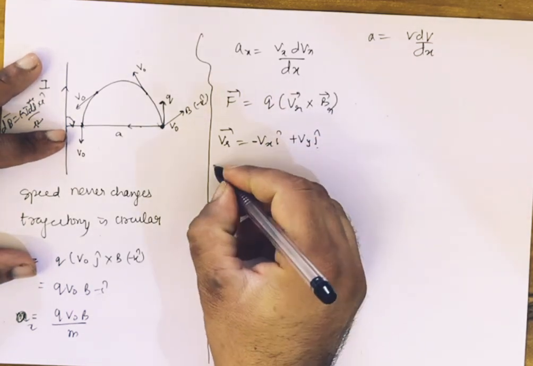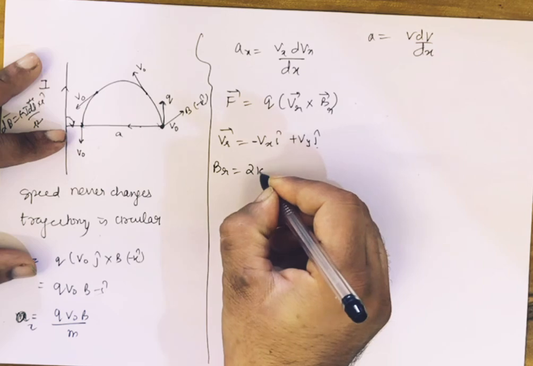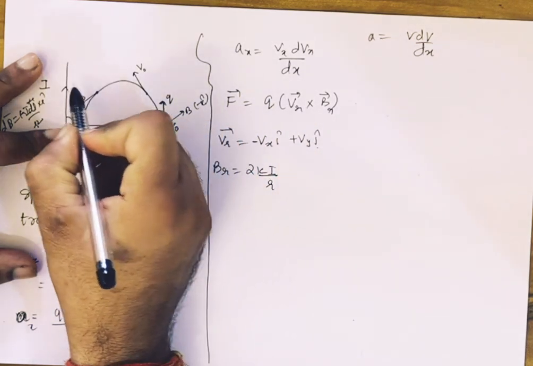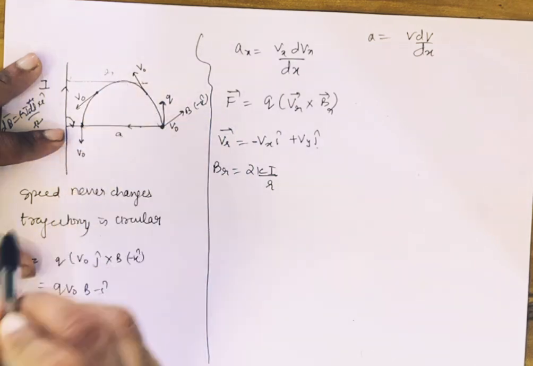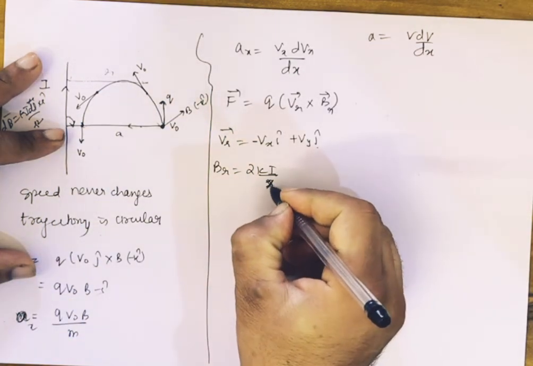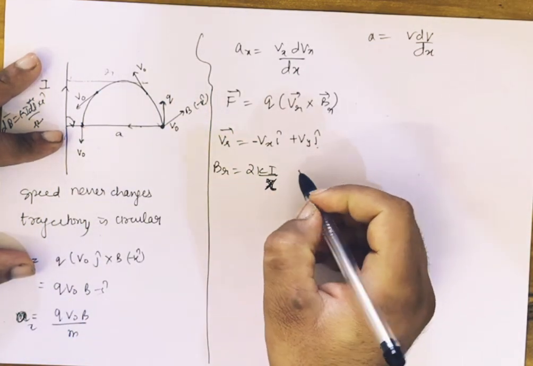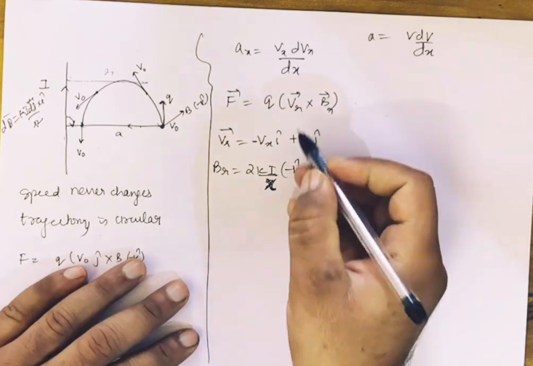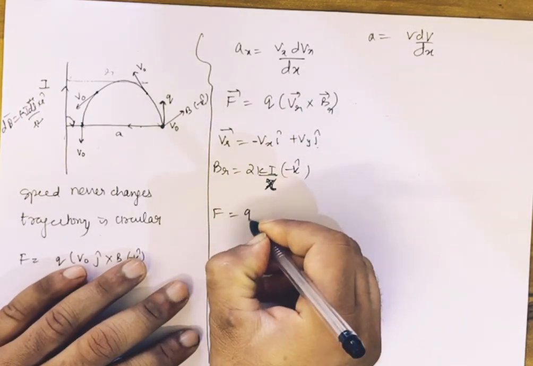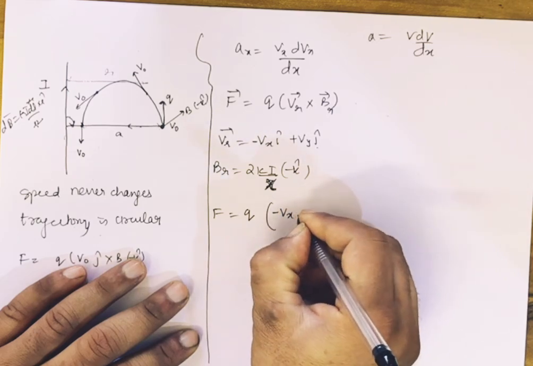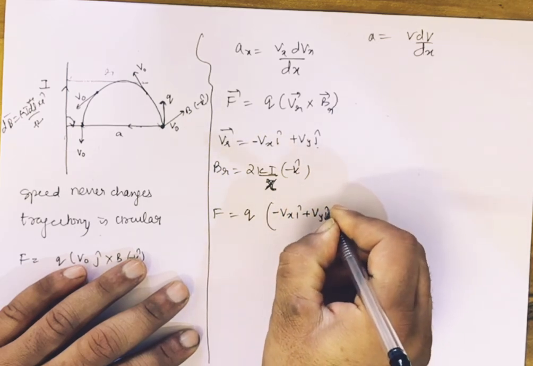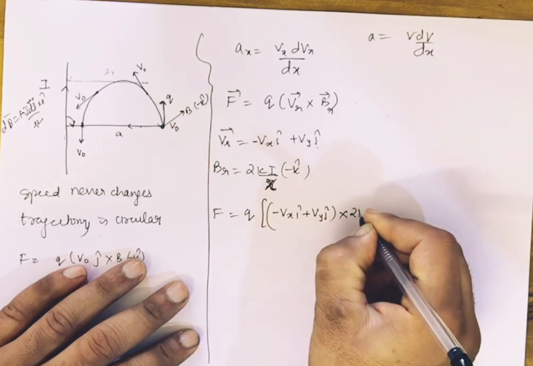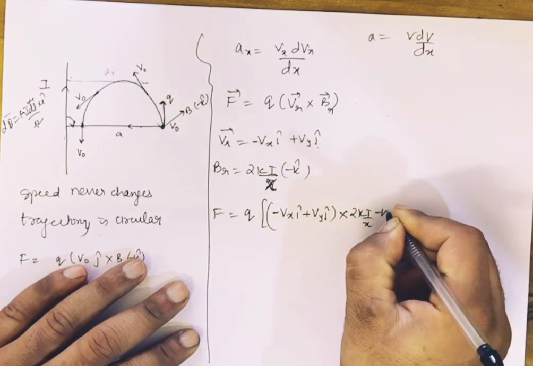That is v, and B will be 2k I by r at any instant, say at a distance x. I'll take it as x only, and the direction is always minus k cap. So now let's write the force formula: q times minus vx i cap plus vy j cap cross product with 2k I by x times minus k cap.